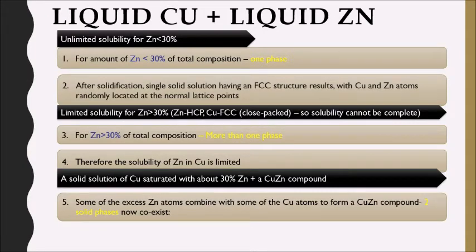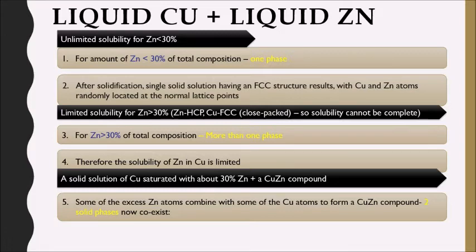Liquid Cu plus liquid zinc has unlimited solubility for zinc less than 30%. First, an amount of zinc less than 30% of total composition will become one phase. Second, after solidification, the single solid solution has an FCC structure, with Cu and zinc atoms randomly located at the normal lattice points. Next is limited solubility for zinc more than 30%.